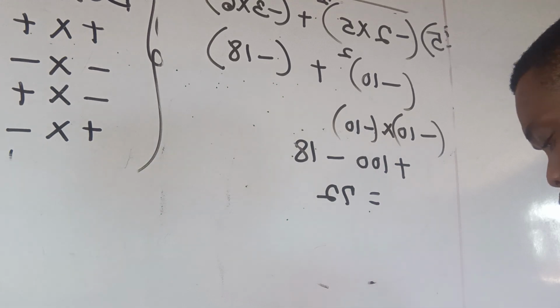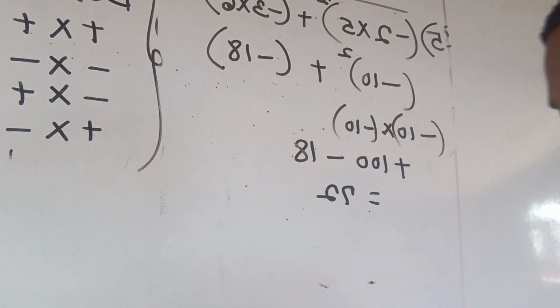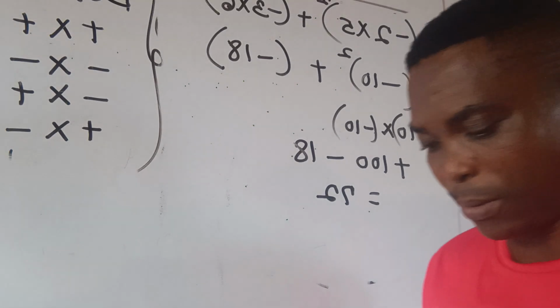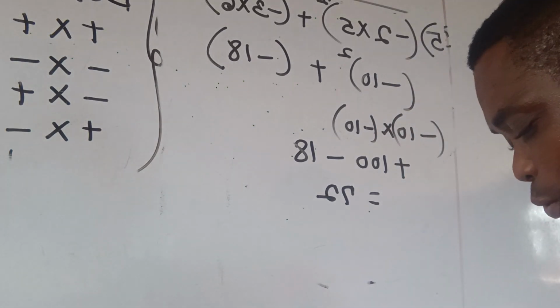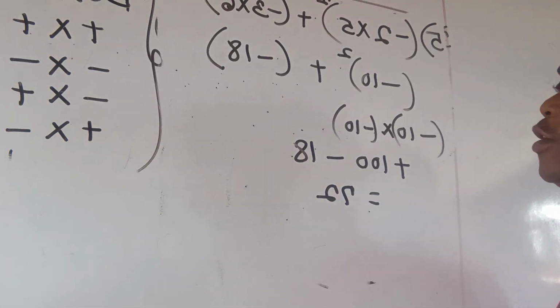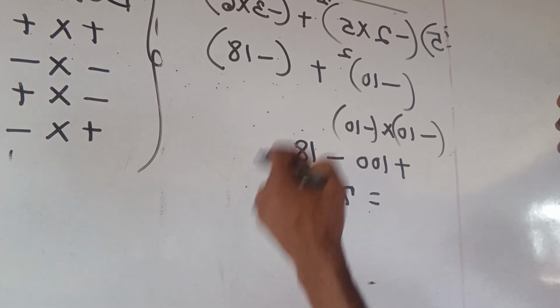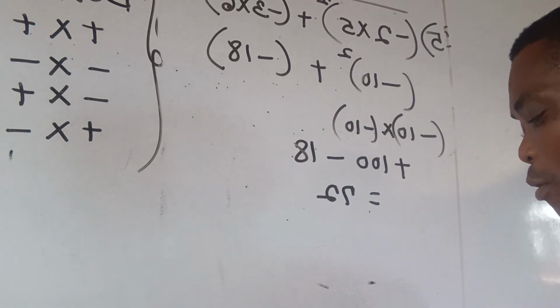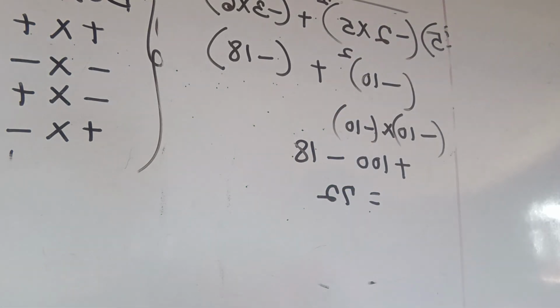Which option is 72? 72 is not in the options. So that means there's no correct answer in the options, going by what you have solved on the board.